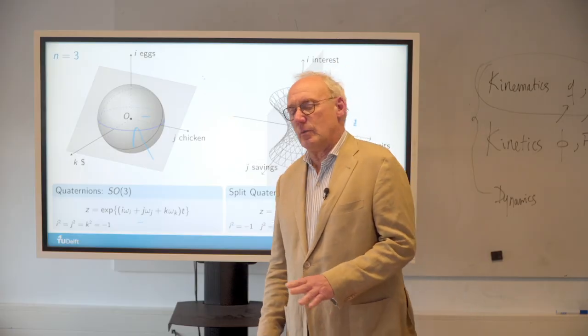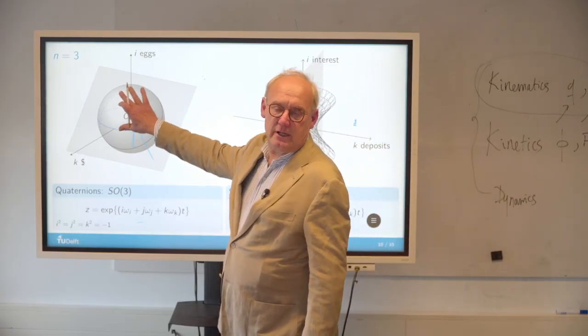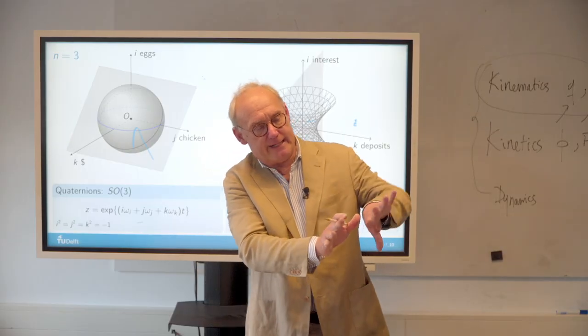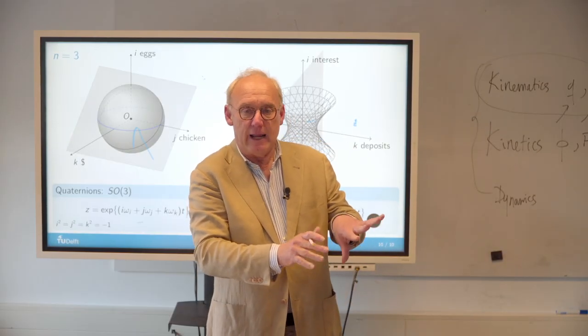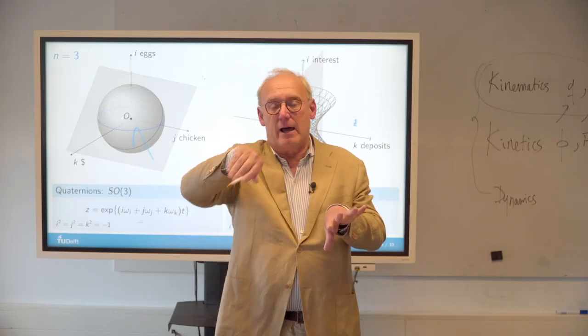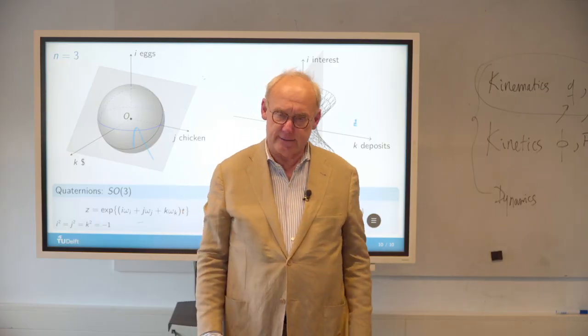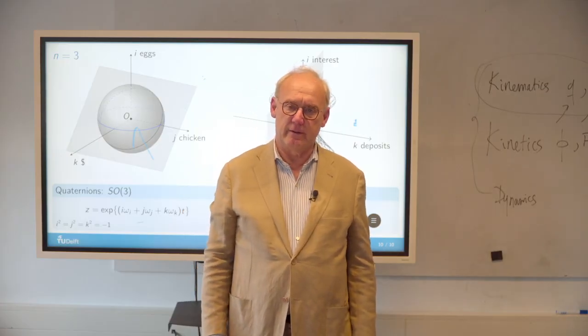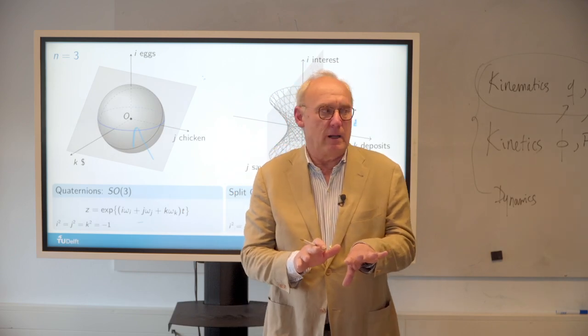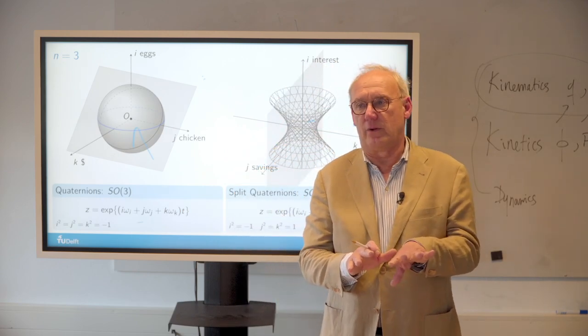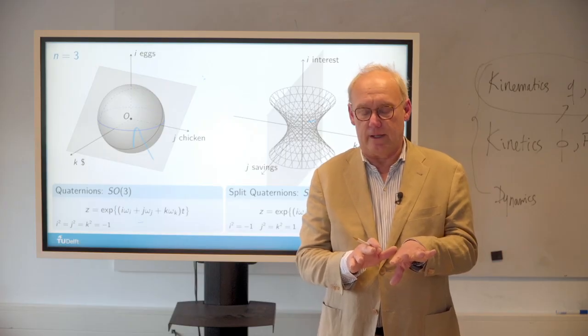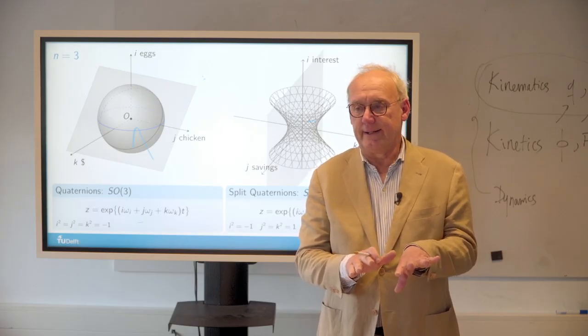So when you do a rotation in 3 dimensions, you first choose the plane in which you're rotating, and then you choose the amount that you've rotated that plane, okay? That's what you do, all right? How many parameters do you need for the plane, to choose a plane?